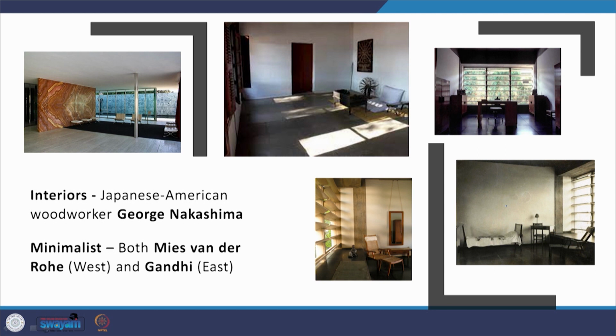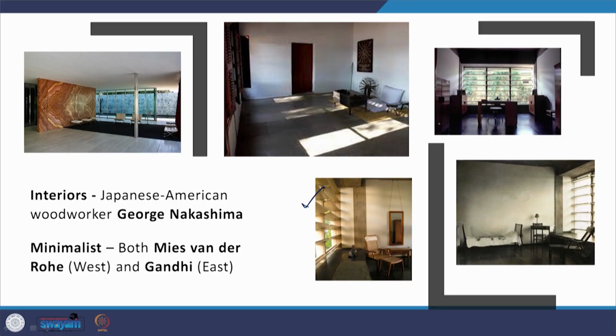Now coming to the interior itself, we are not talking here about the philosophy of Sri Aurobindo or Auroville, but I do believe that they speak of a simple lifestyle, and whenever we think of a simple lifestyle, we think of minimalism, less is more.